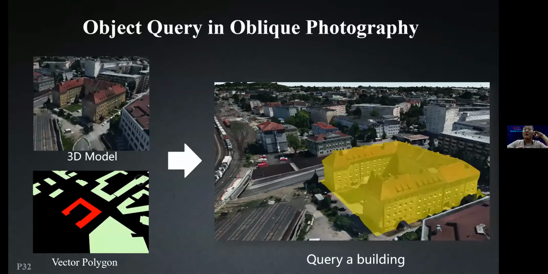So how do we achieve the function of query, when I want to click a building to get its attributes? In SuperMap, our solution is to overlay the vector polygon with the 3D model and then query a building like this.